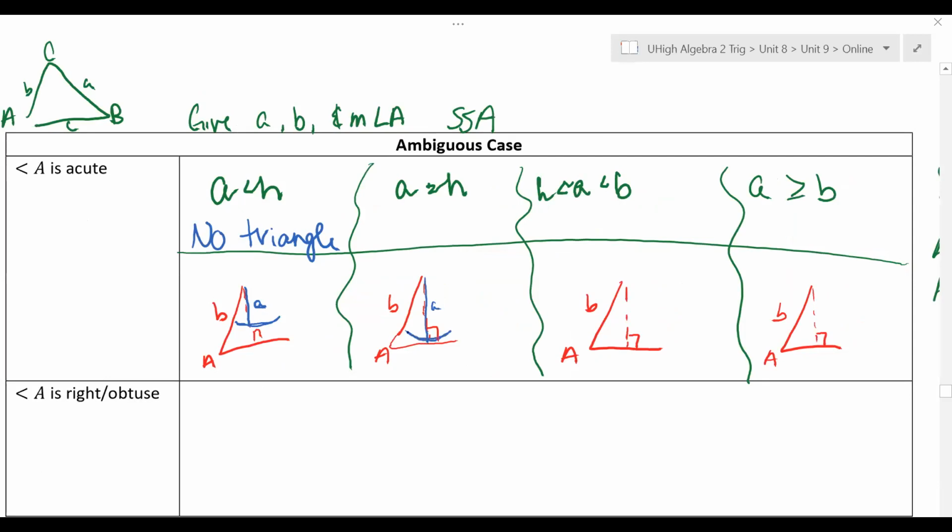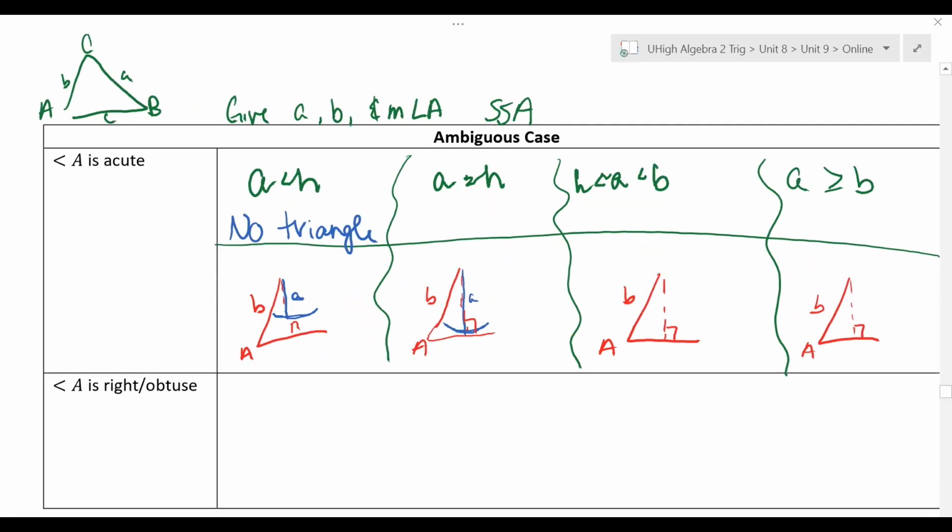If I were to swing that a value, it's only going to touch right at that one spot where h meets the base of my triangle. So in this case, I am only going to be able to create one triangle.